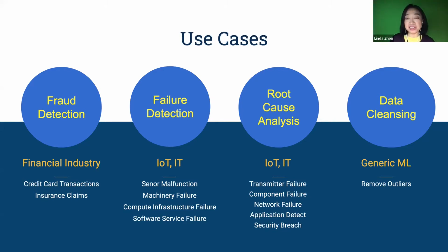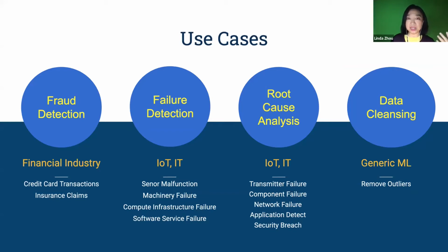You probably want to find out why it's not working. So you will go into root cause analysis. So the failure point or change point you detected, you will use that to help you to see what caused the problem.